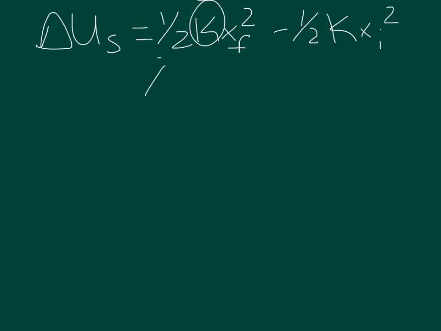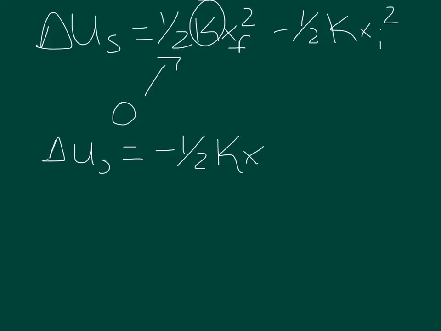So really, the change in our elastic potential energy is just going to be equal to negative 1/2 k x_i squared, where x_i is the initial position of that spring.